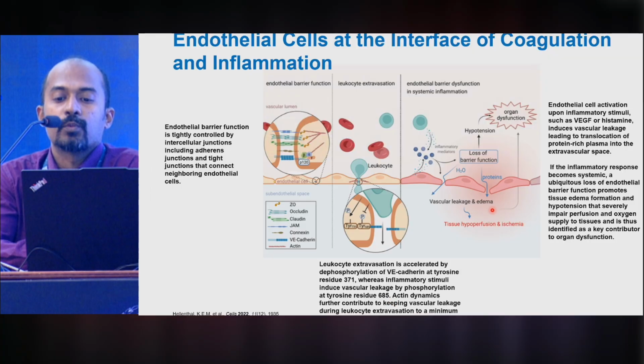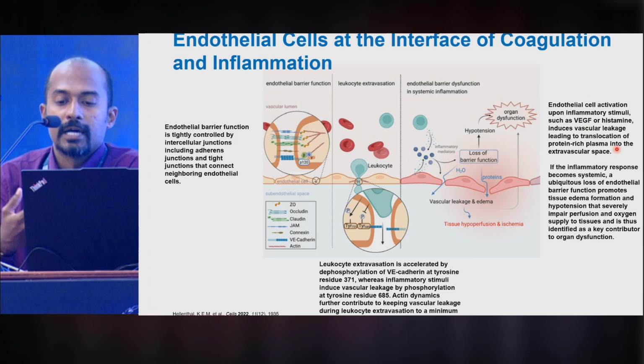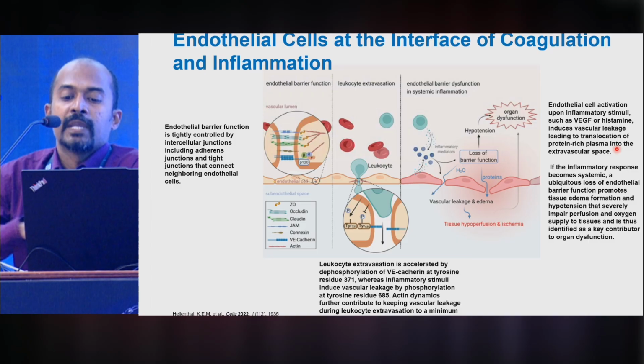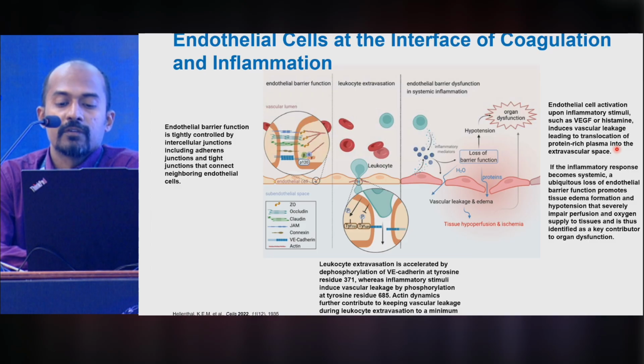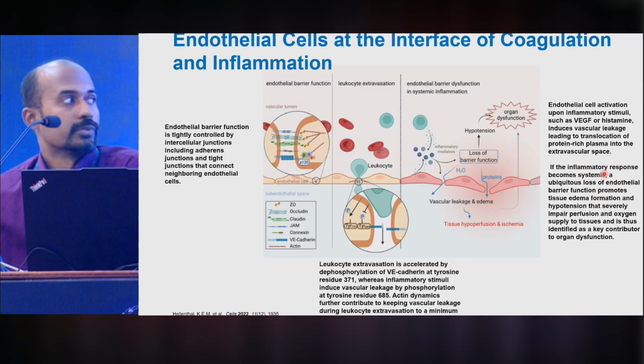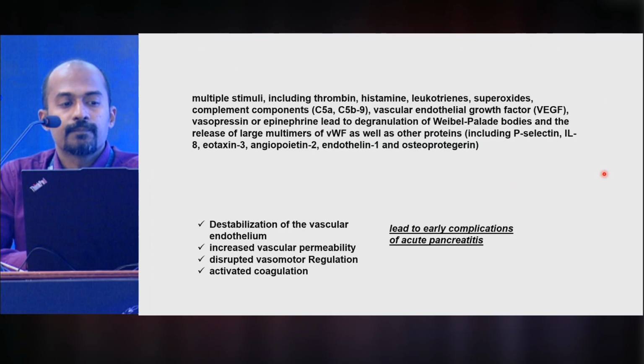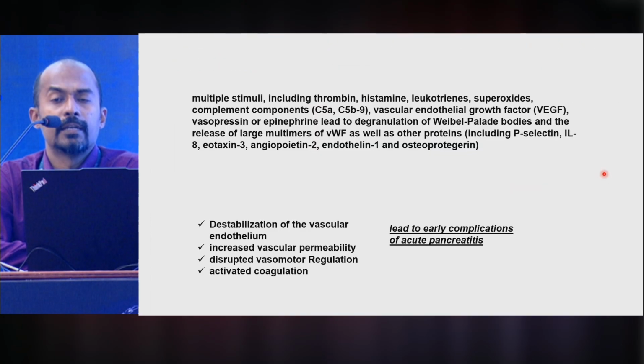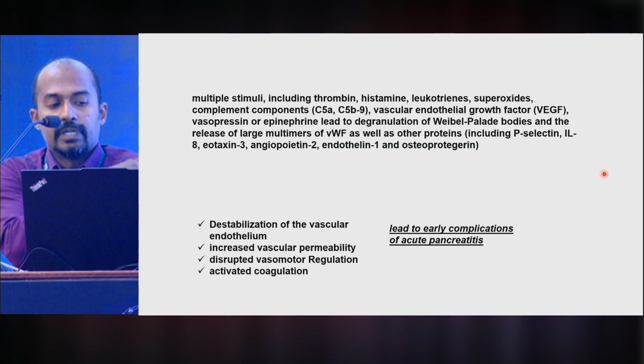So, endothelial cell activation upon inflammatory stimuli such as VEGF or histamine induces vascular leakage, leading to translocation of protein-rich plasma into the extracellular space. And if it is systemic, there will be ubiquitous loss of endothelial barrier function across different tissues. Right? So there could be multiple stimuli which can do what we have seen here.